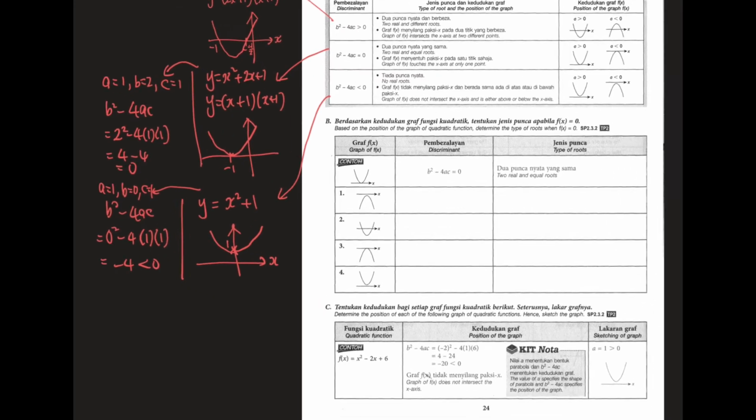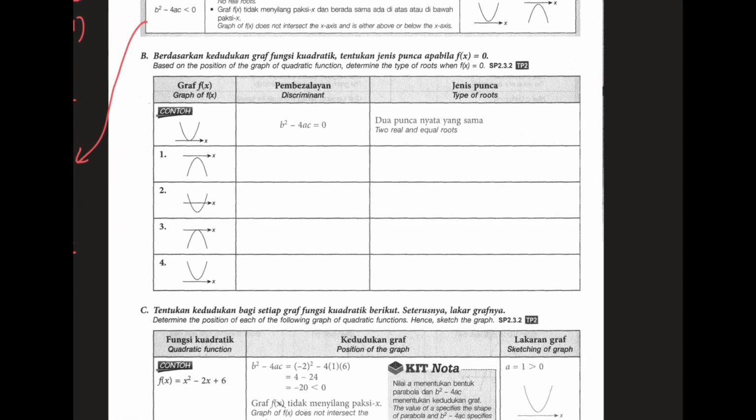Now let's look at the example. They give us this graph. The discriminant b squared minus 4ac equals 0 because they touch at one point. That means two real and equal roots.